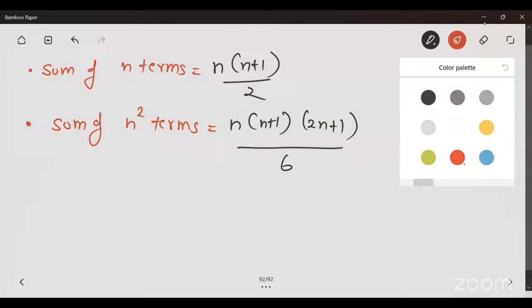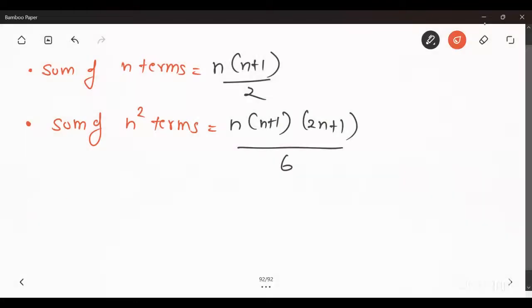And now the third one, the sum of n cube terms.